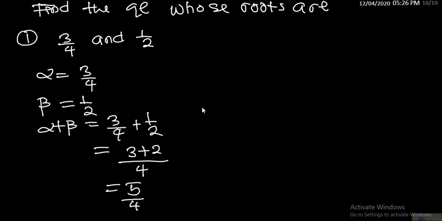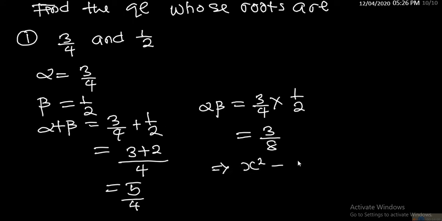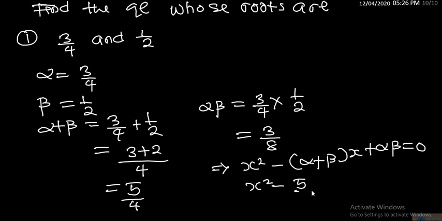And alpha beta equals 3 over 4 multiplied by 1 over 2, which is 3 over 8. So if we substitute this in the general form, x squared minus alpha plus beta x plus alpha beta equals 0, what we are going to have there is x squared minus 5 over 4x plus 3 over 8 equals 0.